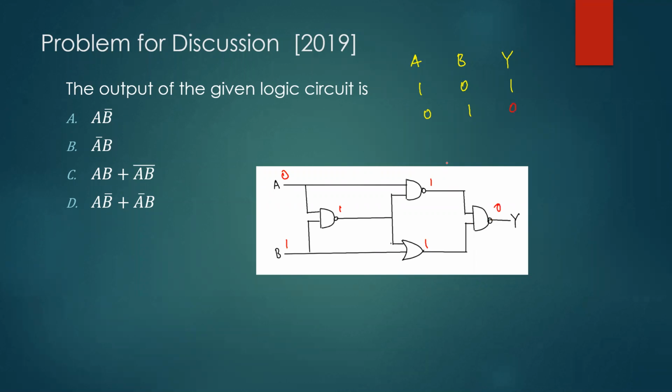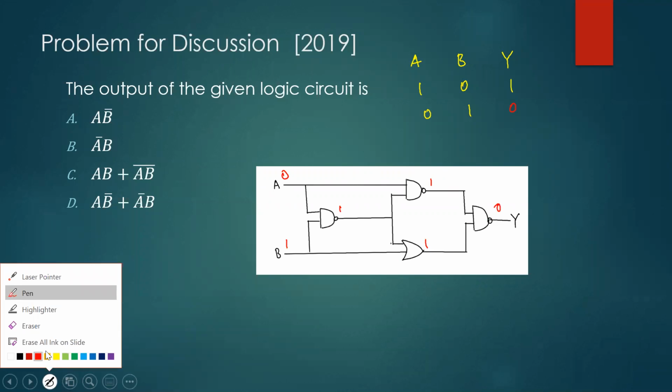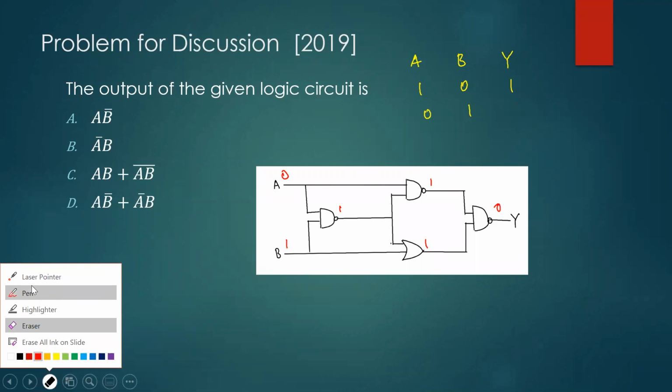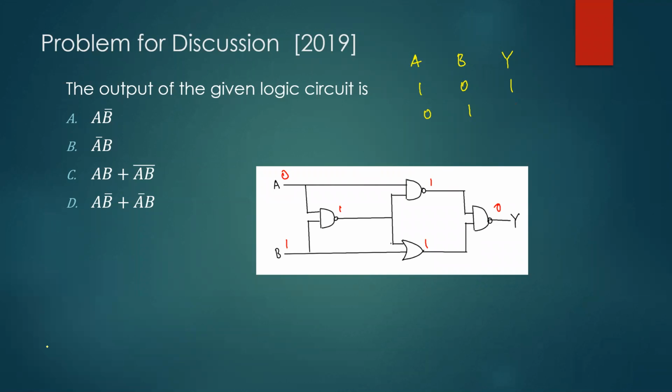Okay, so let's verify with the other options. So we are getting 0. And then we'll have to verify for 0, 0, and then 1, 1. So let's do that.